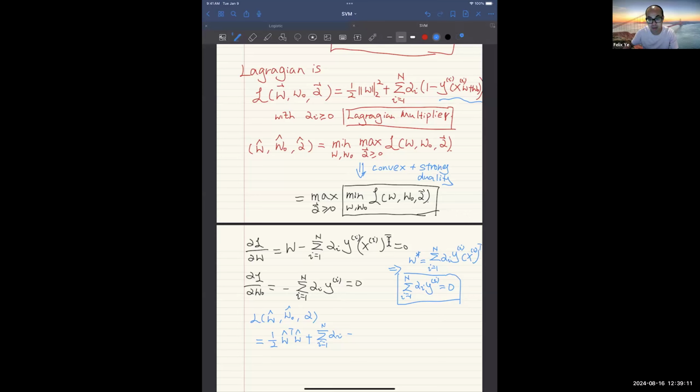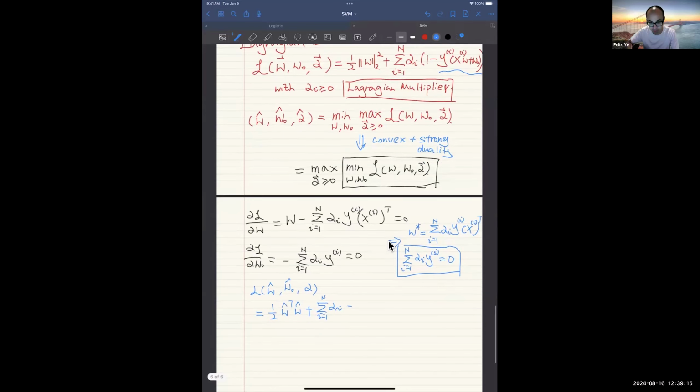Let me see. So this is equal to the summation of i from 1 to n of alpha i, yi, xi, W hat, and subtract W0 times the summation i from 1 to n of alpha i yi.